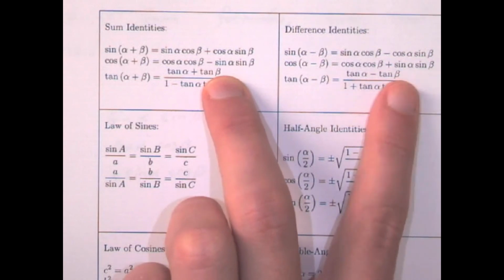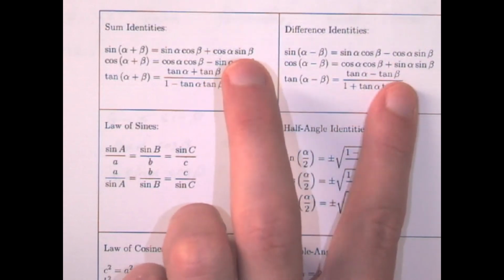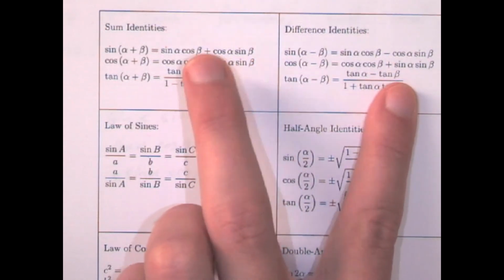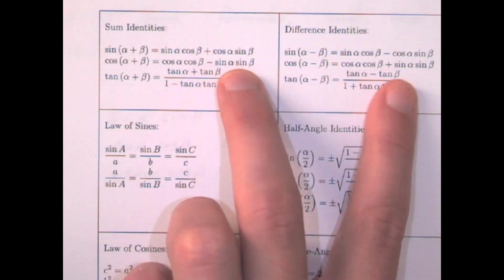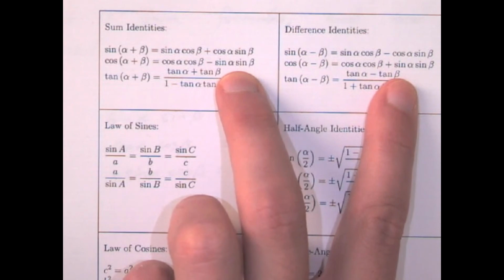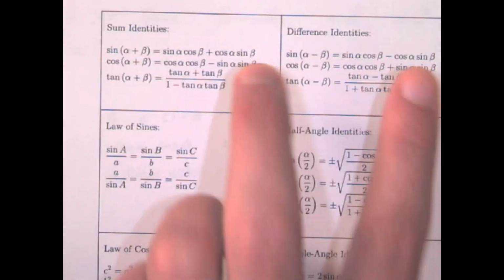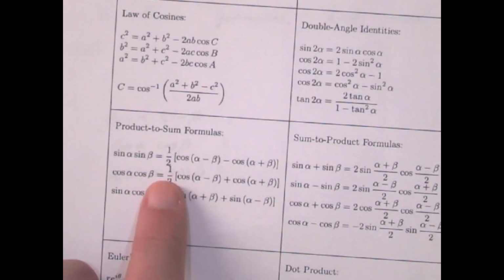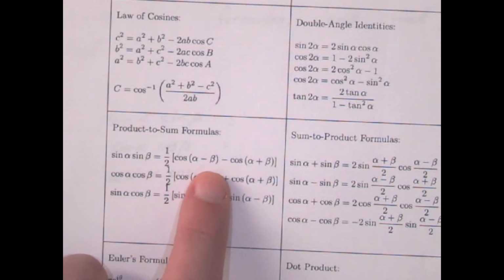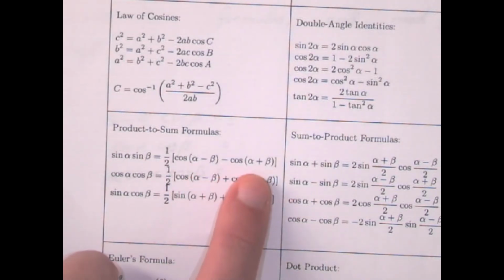So if I were to take the positive one here and I were to subtract this one, then the cosines would disappear and I would just have two copies of sine sine. And so then I would just divide it by 2 and that would produce the product to sum formula 1/2 cosine alpha minus beta minus cosine alpha plus beta.